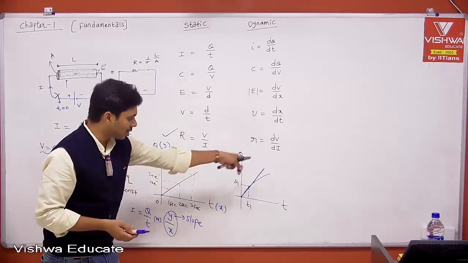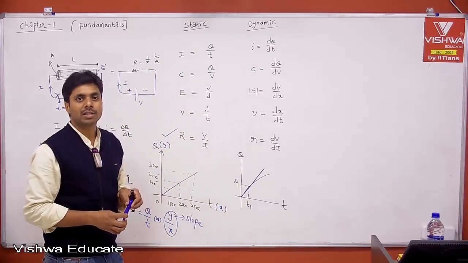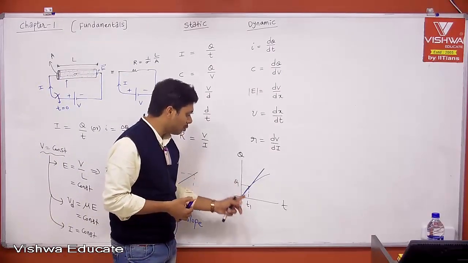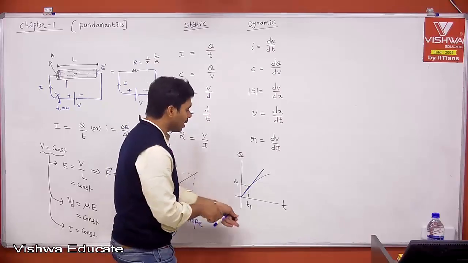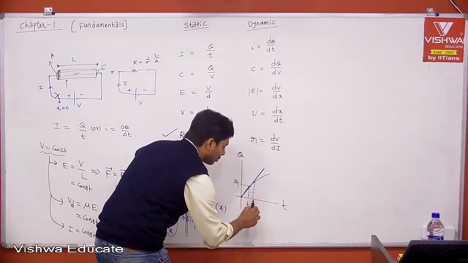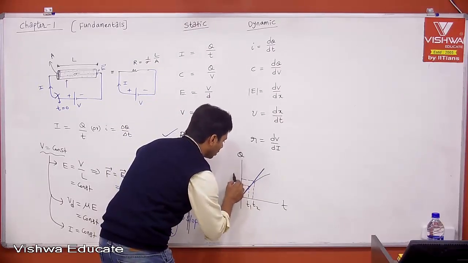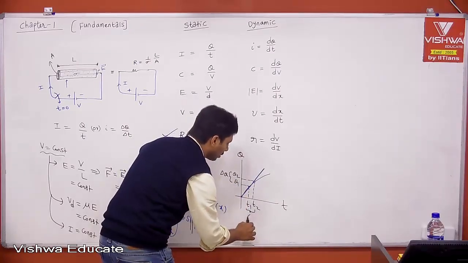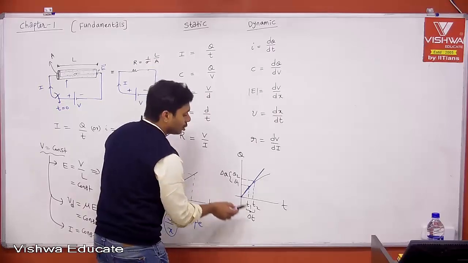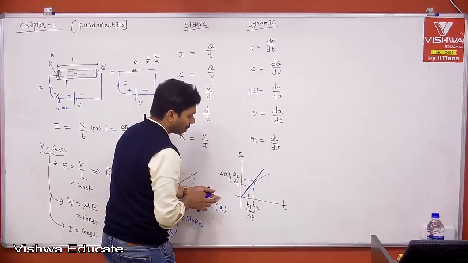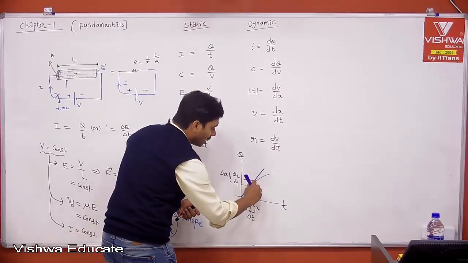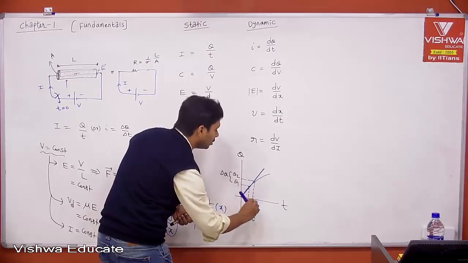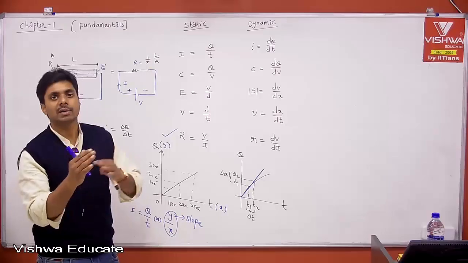But strictly speaking, that is not a straight line, that is a non-linear curve where we cannot define it in a static way like Q1 by T1. We have to define it wherever you are operating. Let us say this is time T2 and this is charge Q2, then whatever delta Q you have and whatever delta T you have, we have to define delta Q by delta T, then you'll get the slope of the curve exactly at the point where you are operating, or where you are trying to find the incremental changes.